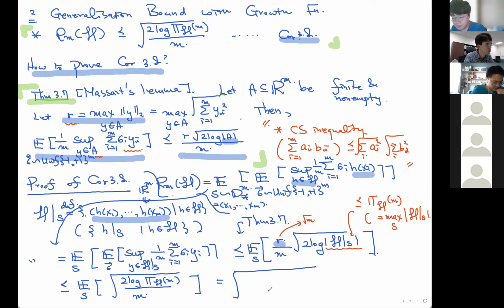So that's the proof of corollary 3.8. And now because corollary 3.8 is true, the theorem I told you, corollary 3.9, which is a generalization bound involving the growth function, is going to hold.